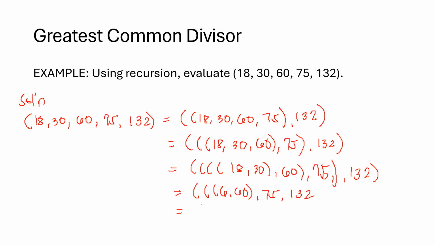So you have the GCD of 6 and 75, then you have 132, which is equal to the GCD of 6 and 75 is 3. So the GCD of 3 and 132 is equal to 3. Therefore, the GCD of 18, 30, 60, 75, and 132 is 3.